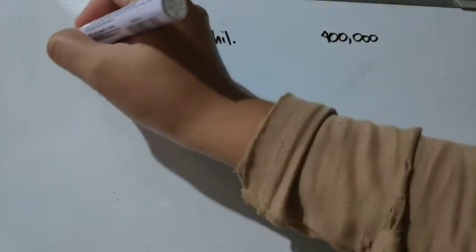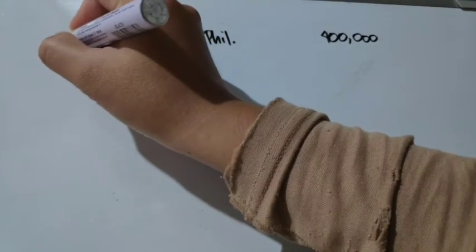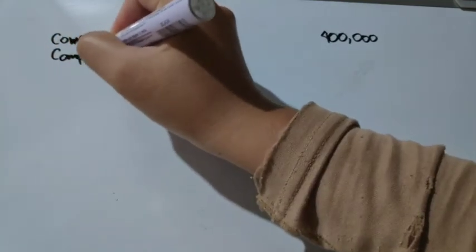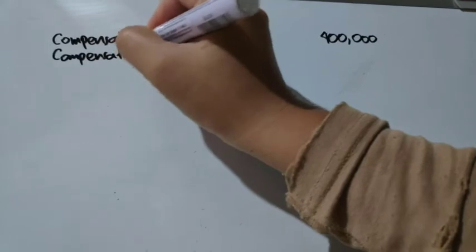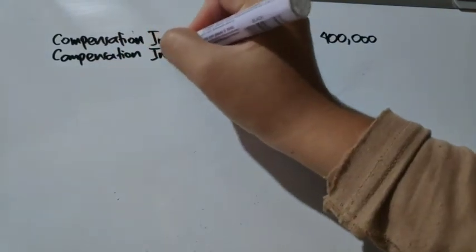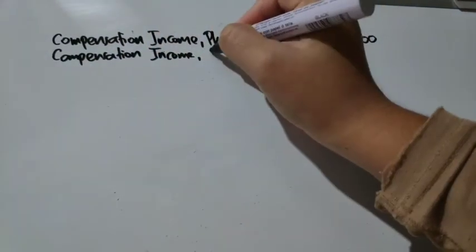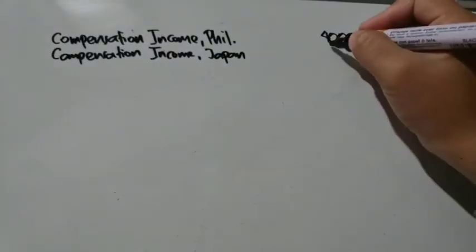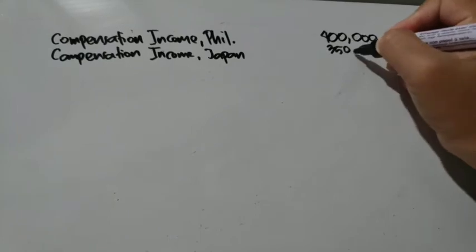And then another compensation is from Japan. So compensation income for Japan in the amount of 350,000.